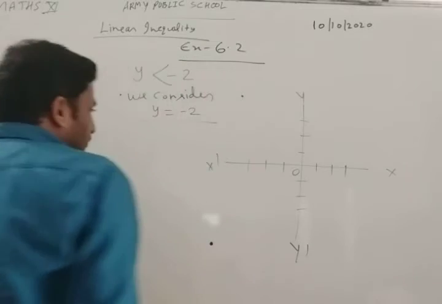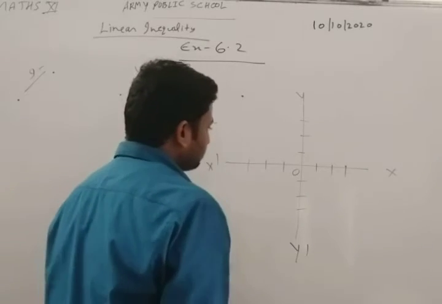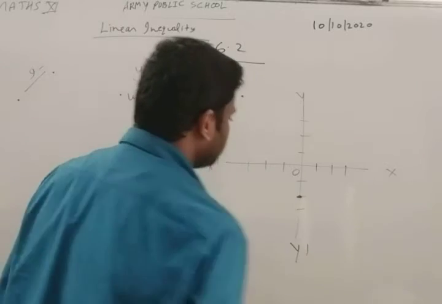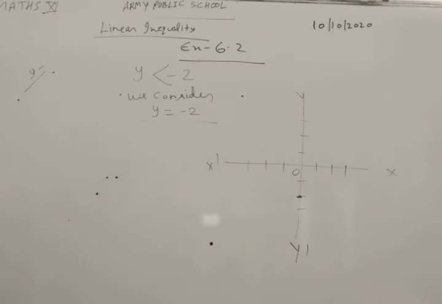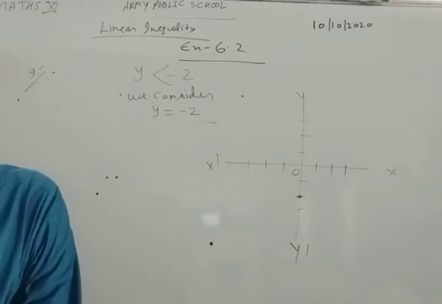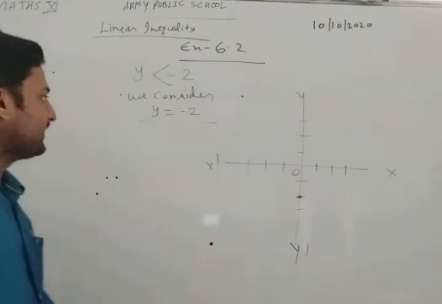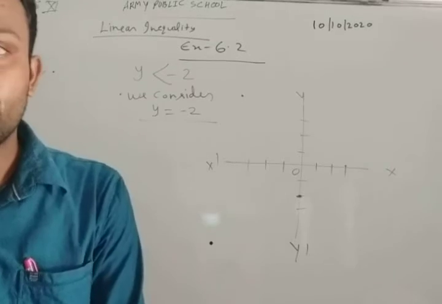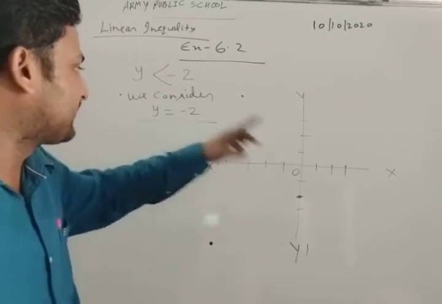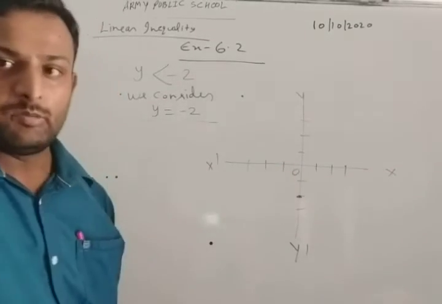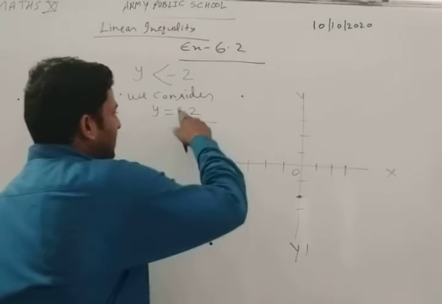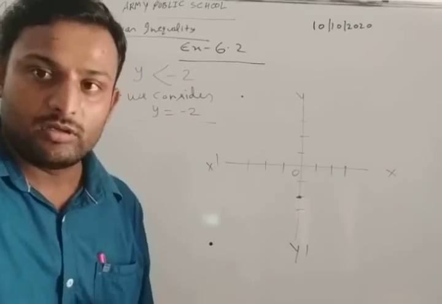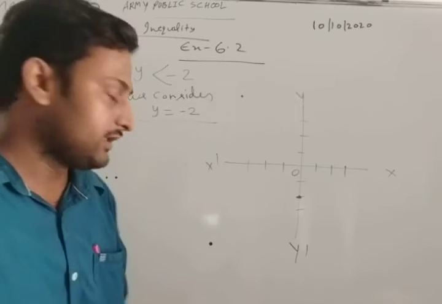Y is equal to minus 2 is a line parallel to the x-axis, on the y-axis in the negative side.